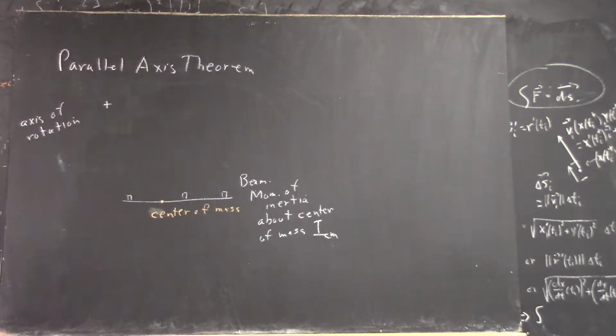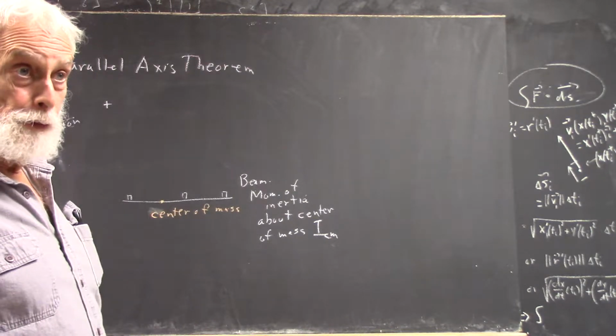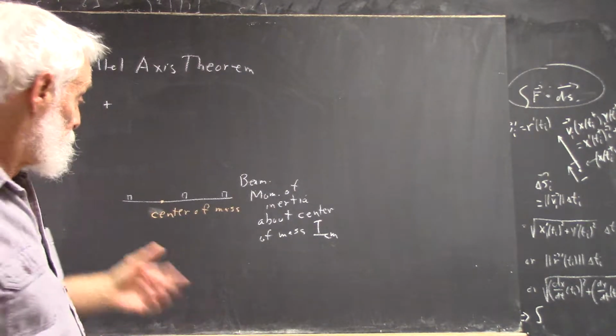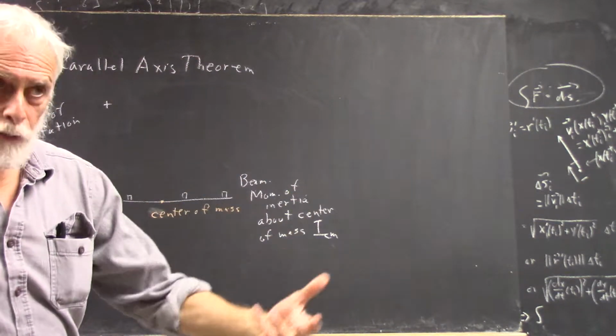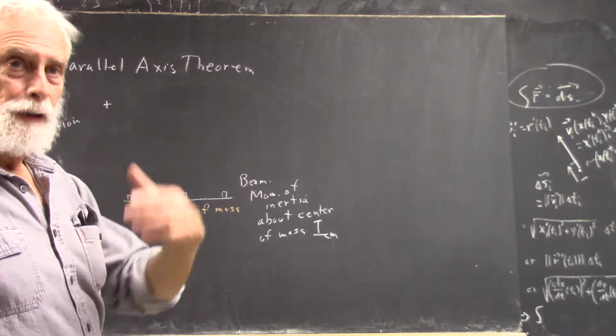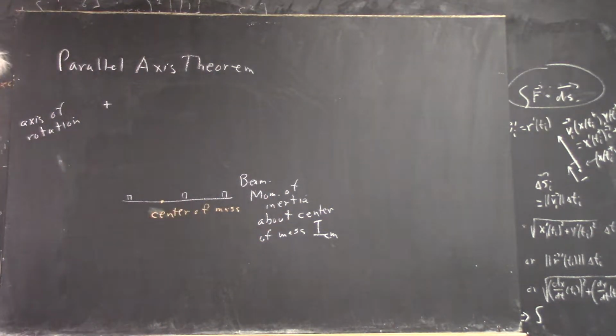Which is very easy. Calculate the center of mass, then just do all your MR squareds, or do an integral or whatever. Okay? But the idea is simple. Just think discrete masses if you like, and then you can generalize that to a continuous mass distribution if you understand how to partition things and so forth. If not, they're formulas. Okay.